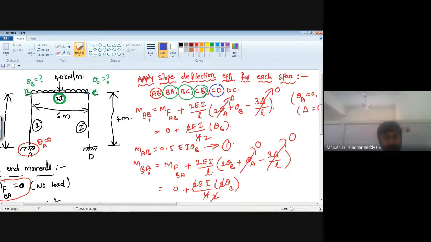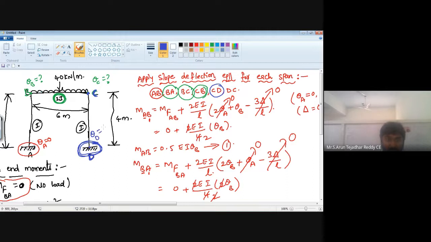Now coming to the C to D span. See, this is C and here it is D. If you observe clearly, D is the fixed support. It means slope at this point is 0.